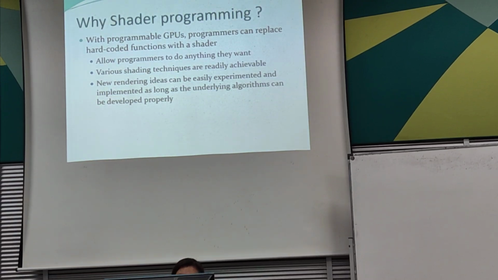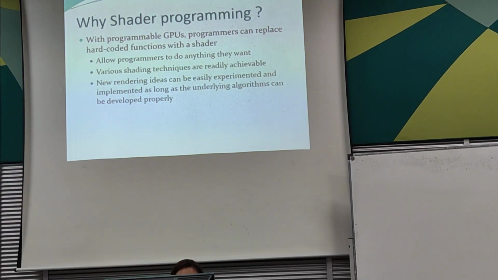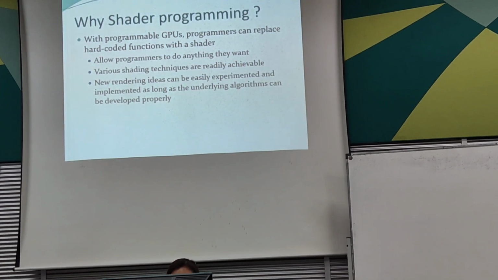So there are various shading techniques that are achievable, and you can always create new ones. New rendering ideas can easily be experimented with and implemented. If you want to further your study in graphics, you can come up with shading algorithms. You can develop your own shading algorithm.